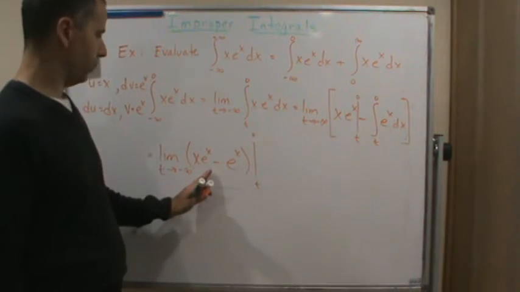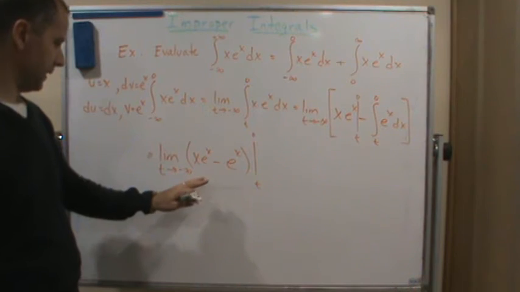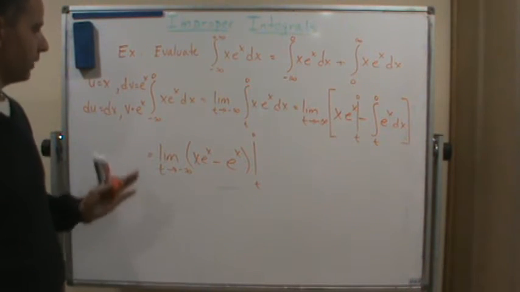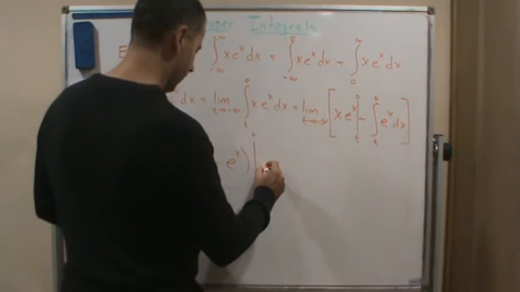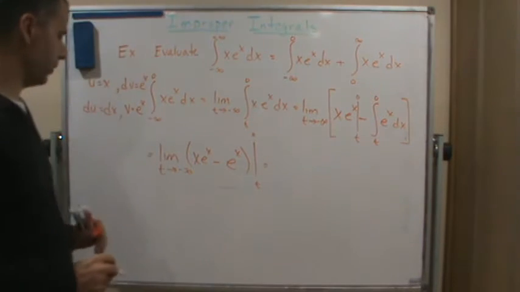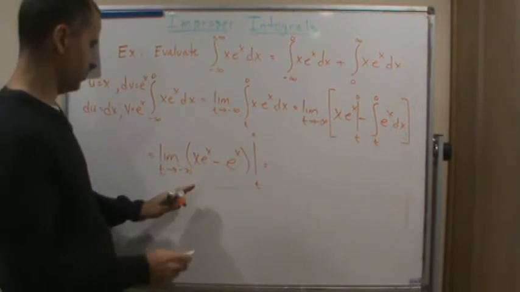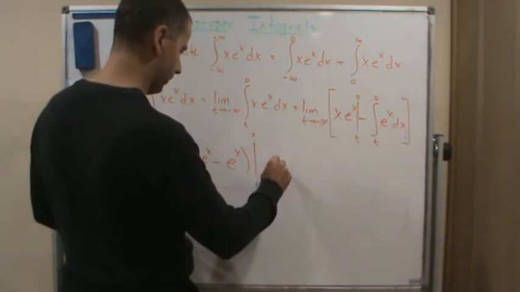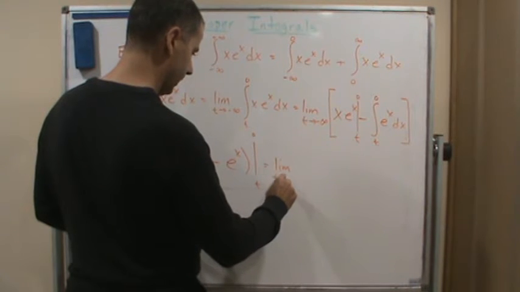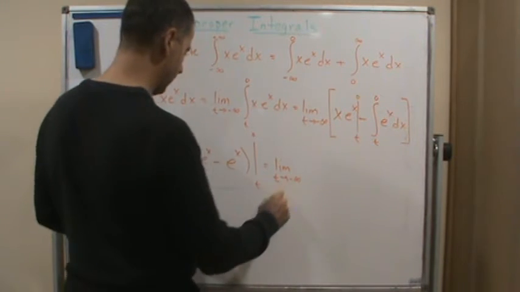Okay, so now what do I do with this? I'm going to use the fundamental theorem of calculus. I'm going to write the limit as t approaches negative infinity.